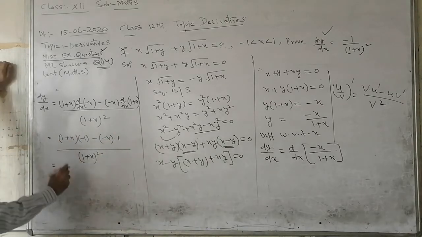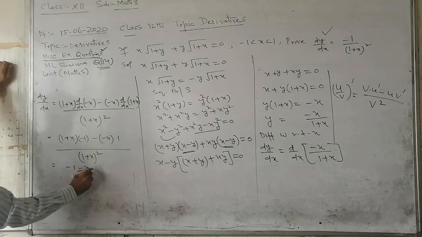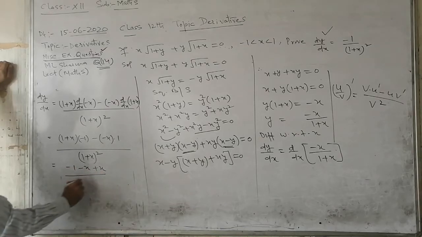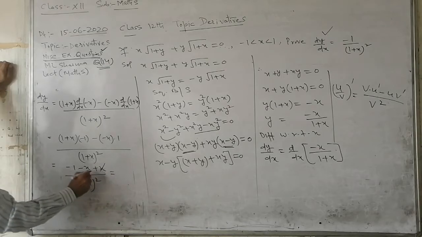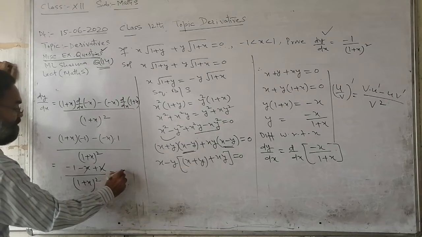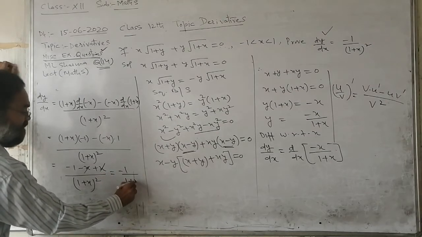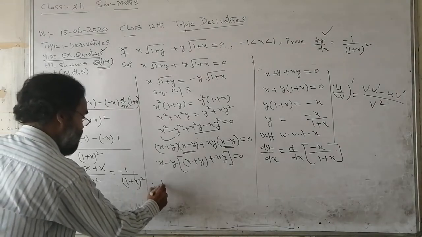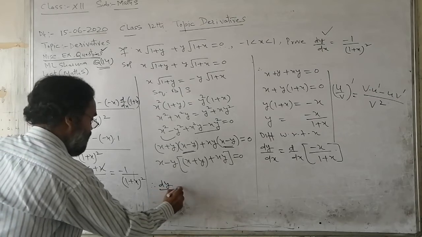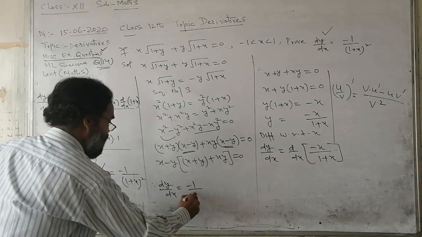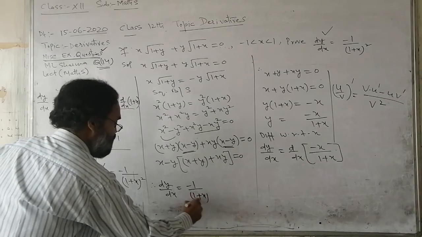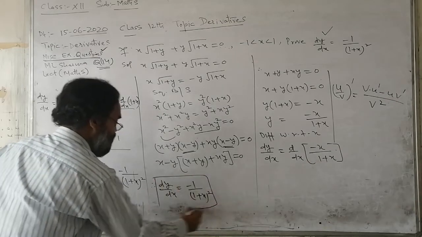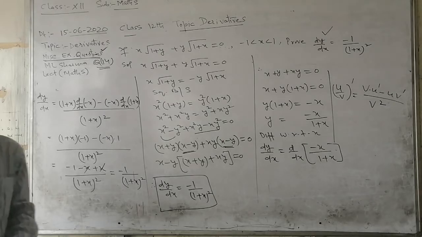So minus 1 here, minus x here, plus x here over (1 plus x) whole square. So minus x and plus x will cancel each other. So this is the value of dy upon dx. So that means dy upon dx equals minus 1 upon (1 plus x) whole square. So in this way, this question is to be solved.